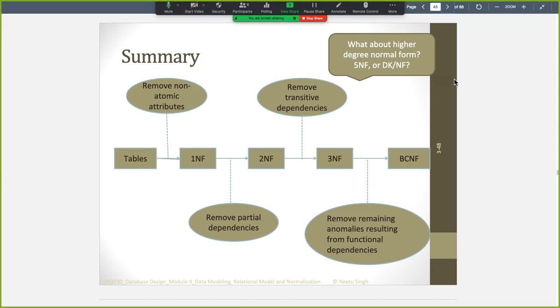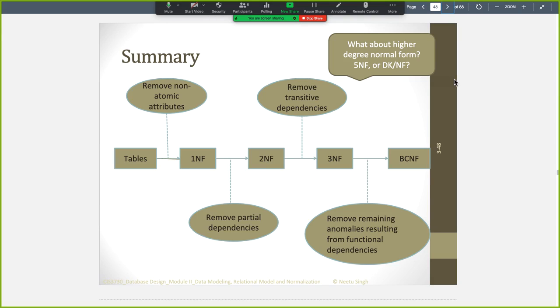To give you a very short example to conclude our discussion on the different types of normal form: domain key. If you want to understand domain key normal form, you have to understand what is meant by domain. And I'd like to use an example to help you understand some of the more difficult concepts.